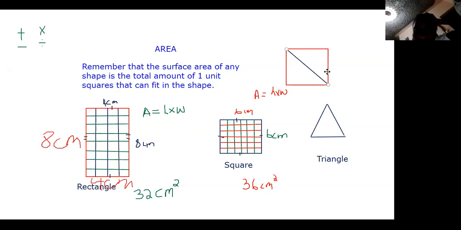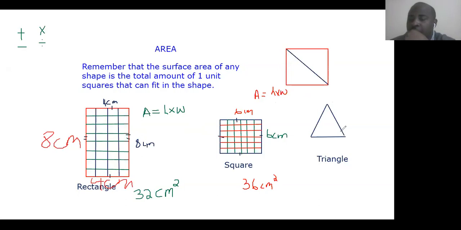So, you agree with that statement? Okay. So then could we say that to determine the area of a triangle, what would we do to the area of a square? What number would we multiply it by? Think about it.